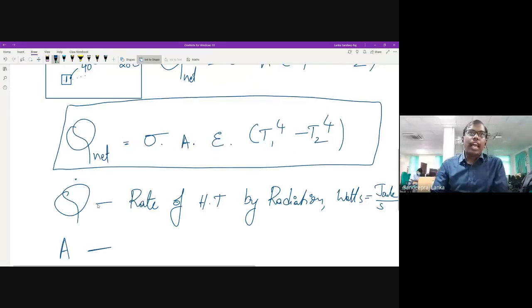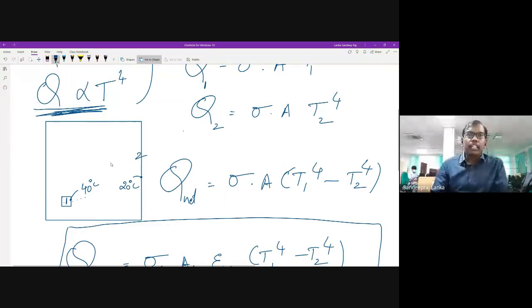Here I have two bodies in this example. When I am taking Q from body 1 to 2, the emitting body will be taken into consideration, and this is the receiving body. The emitting body is 1, the receiving body is 2. So you have taken T1 and T2.